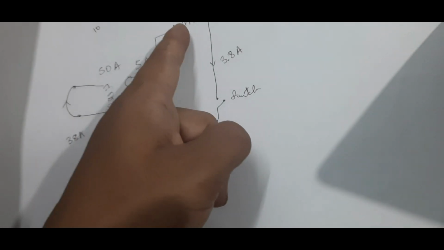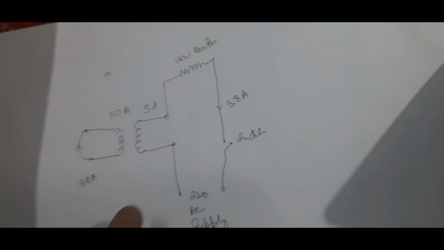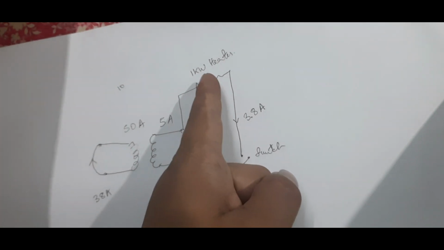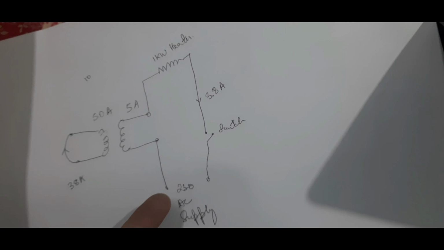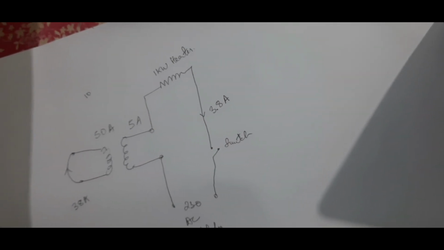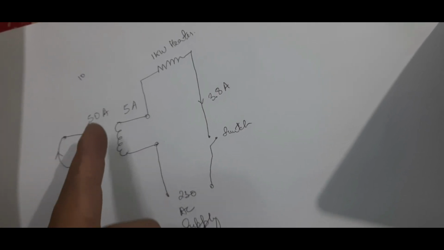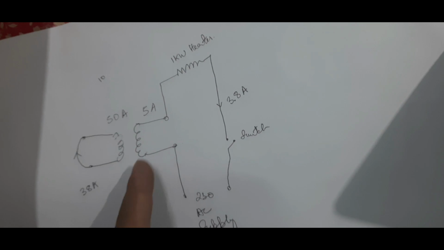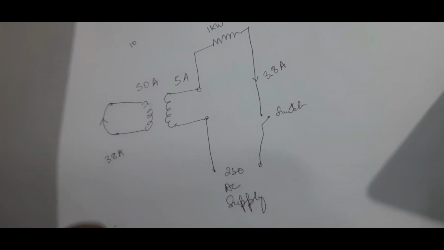I'll be connecting a heater here just to limit the load, otherwise there will be too much current and it may burn. If I connect a heater of 1 kilowatt and take that as a resistance, the current here will be around 3.8 ampere. If 3.8 ampere flows in the secondary, because our MF is 10, 38 ampere will flow in the primary, which I'll be shorting at the primary terminals.